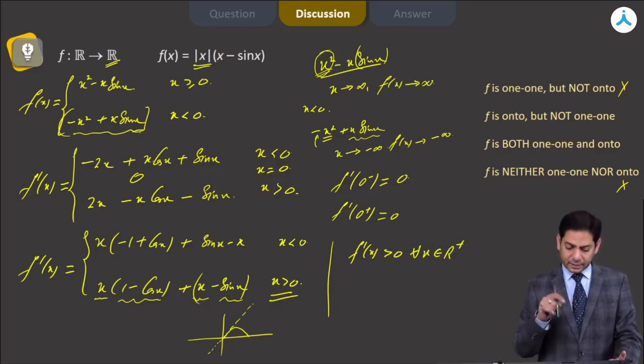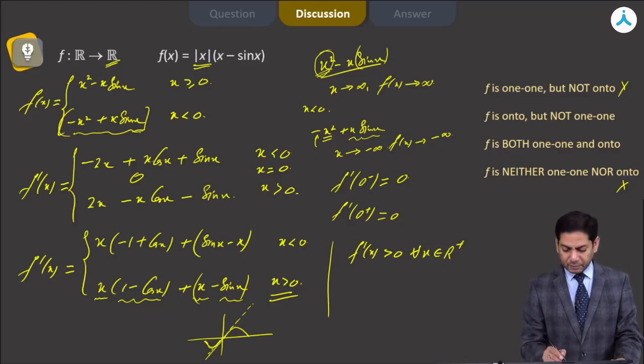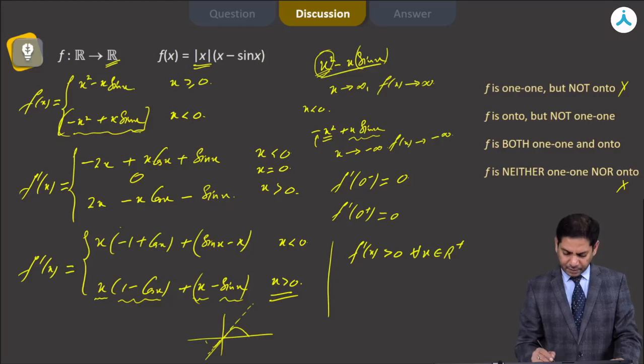And for x less than 0, what is happening here? For x less than 0, you can see from the graph of sin x and x, when x is positive, sin x minus x is going to be negative. So this part is negative. Minus 1 plus cos x may be 0, but it is going to be negative for all other values of x. And this x is also negative. And for x less than 0, if we draw the graph of sin x on the left also, the sin x graph is above the graph y is equal to x.